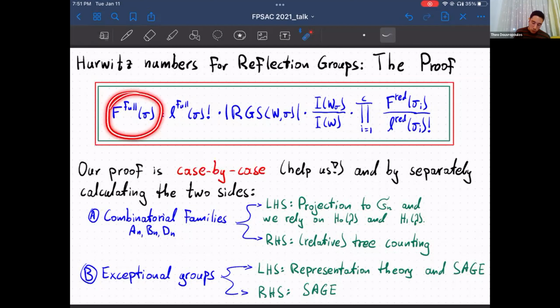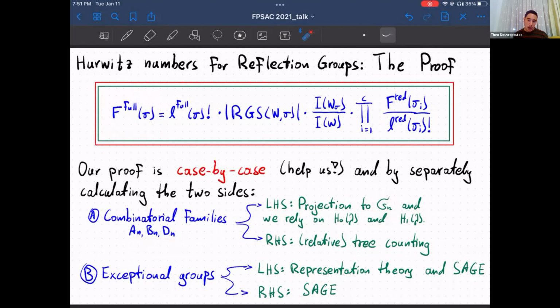So we calculated both sides of the equation separately, and we compared them, and voila, they're the same. For the combinatorial families, the right-hand side is essentially combinatorial arguments because these families, their generating sets, behave like trees. And for the left-hand side, we related the full factorizations in these groups with the full factorizations in S_n.